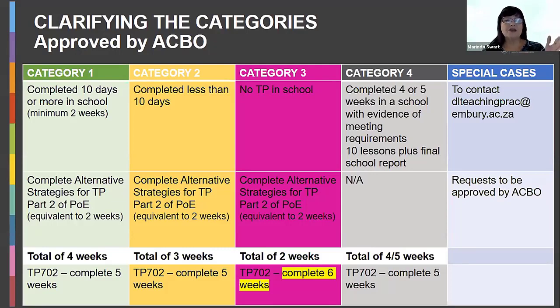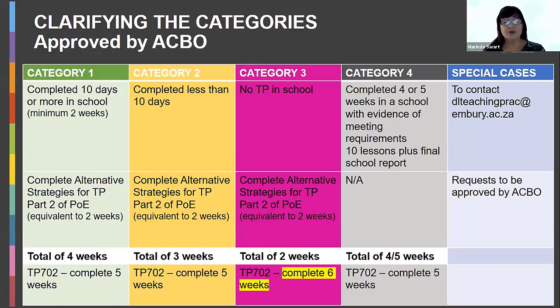That student may then say, no, I fall more in category 1, the category 3 component. So you need to carefully look at where you are, but across the PGCE program, there must be a minimum of 8 weeks of teaching practice, of which 2 would be the alternative strategies, but up to 10 weeks of teaching practice.